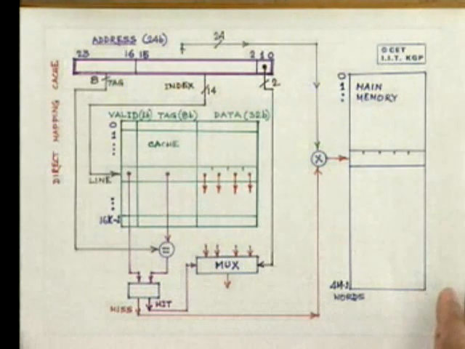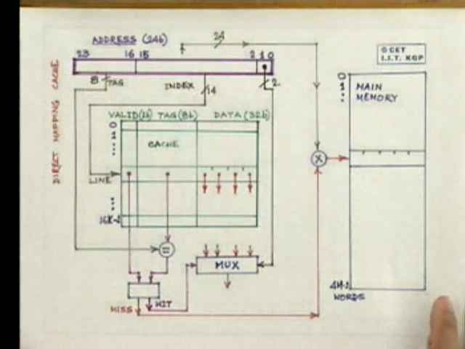But there is some disadvantage: since the blocks are mapped into a fixed cache location, the hit ratio, depending upon the situation, may fall down. Therefore, we'll see in the next lecture how this can be improved, that is, how we can have a different kind of mapping where this situation may improve.